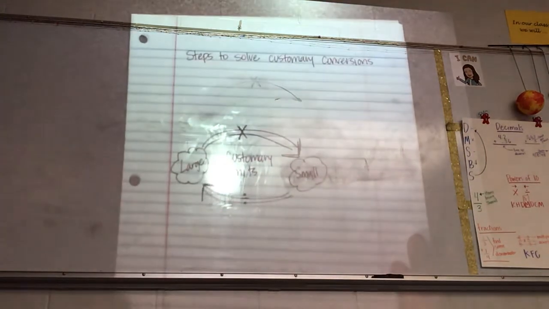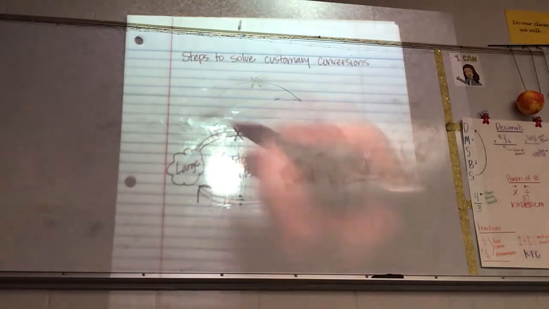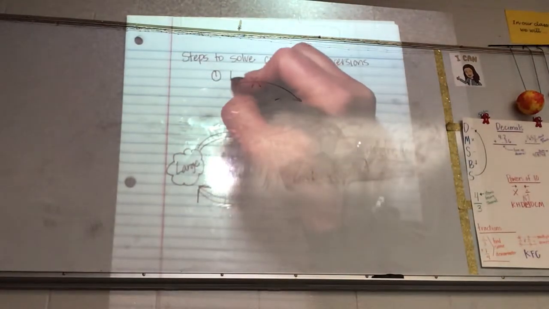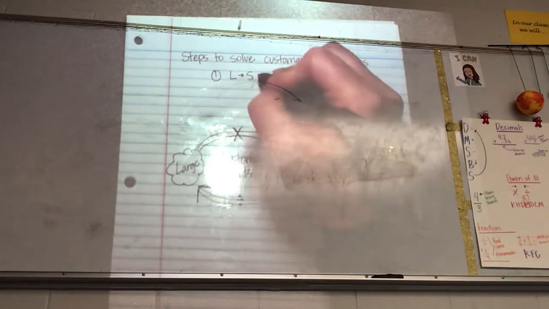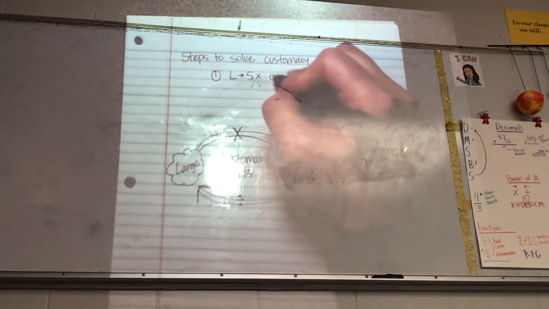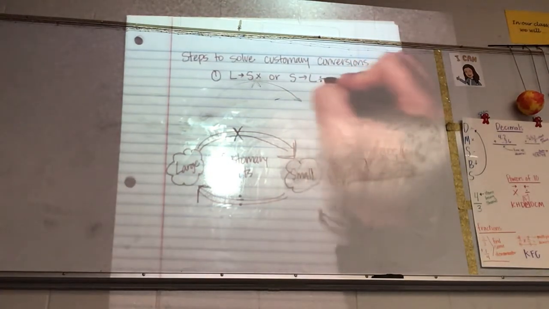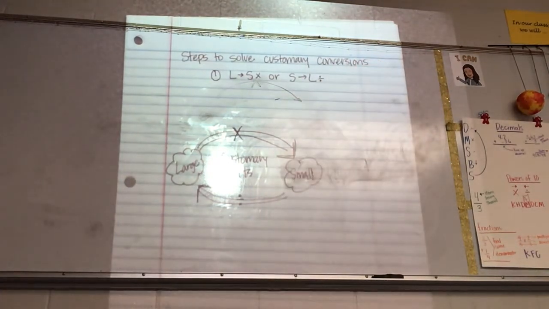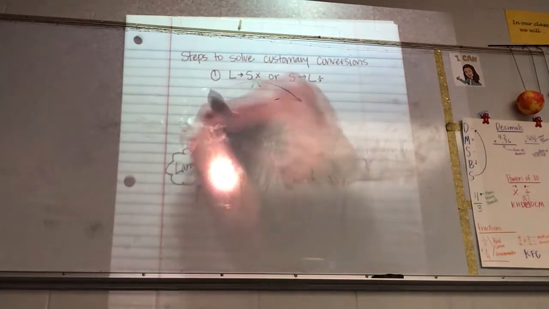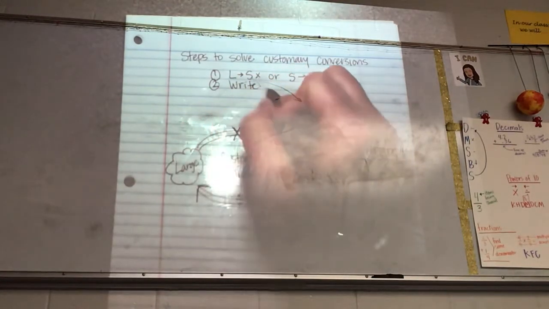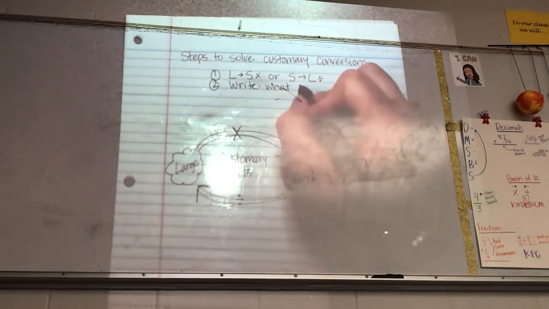Alright, so back up to the top. Steps to solve. The first step is, are we going from a large to a small where we multiply, or are we going from small to large where we divide? We don't know yet because I haven't given us a problem. This is just step one. Step two is write what we know.